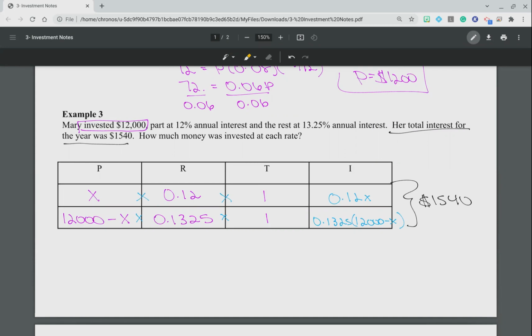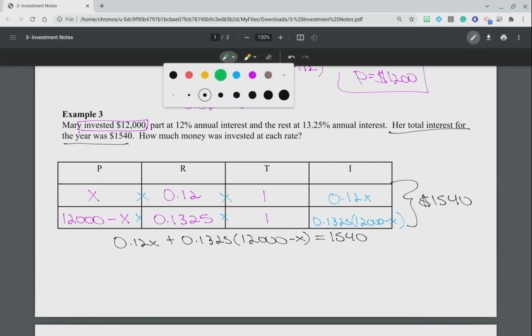I'm going to take my first one, 0.12x, add my second interest amount, 0.1325 times 12,000 minus x, and set that equal to our total interest, which was 1,540. Okay, and then I'm going to do some algebra to solve.